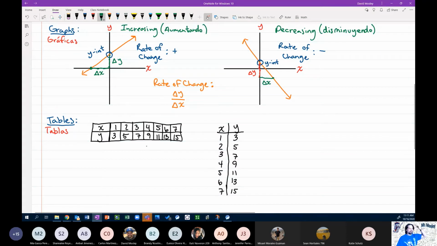When we have a table, we have been using the arrows to show the change, right? So we have from here to here, +1. Okay, to the next one, +1, +1. And all of them are +1. Okay, same over here for X. For X, we have +1, +1, +1, and all the way +1, +1, +1.